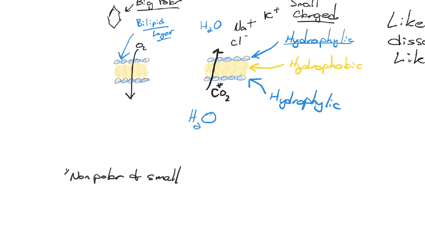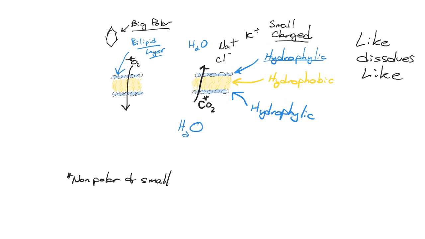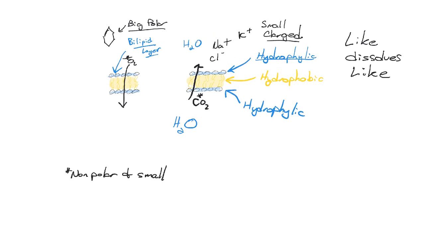Now I'm going to go ahead and just put a little asterisk by those. Now, this is big and polar. This sugar molecule is big and polar. It also needs something else to help it through because it can't get through the membrane because it's big. The problem it has is it's big and it's polar. If it's big and polar, it's going to be hard for it to get through the membrane.